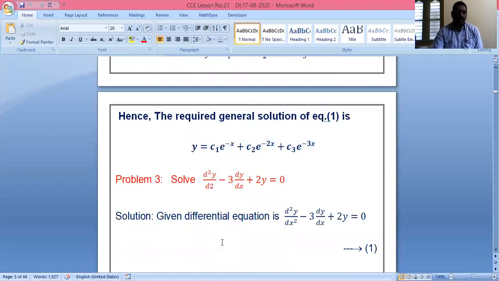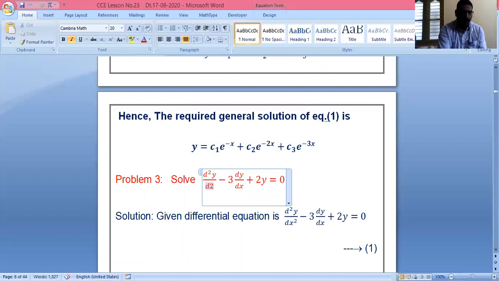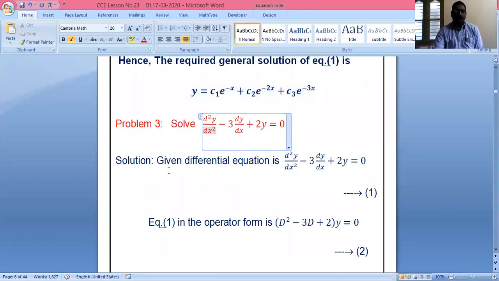Now, problem 3. Solve d square y by dx square minus 3 dy by dx plus 2y is equal to 0.